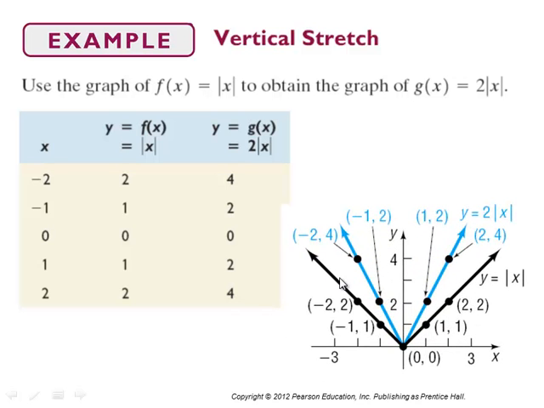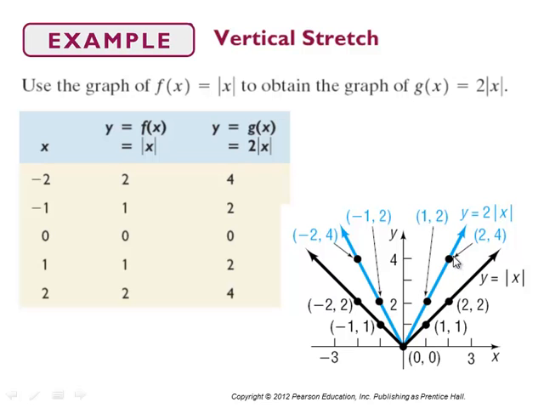Now, in the black, you've got the graph of absolute value of x. In the blue, you've got 2 times the absolute value of x. And notice that every y value on the graph of absolute value of x, when you multiply by 2, you get the blue curve.